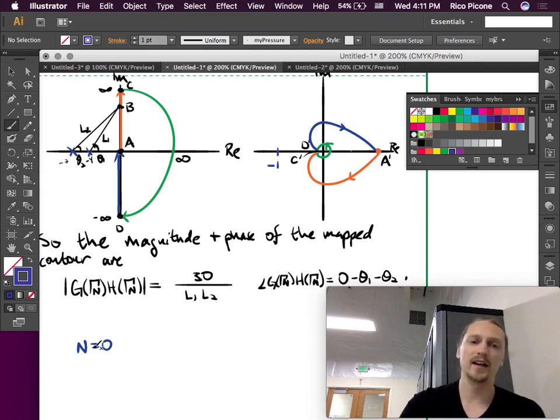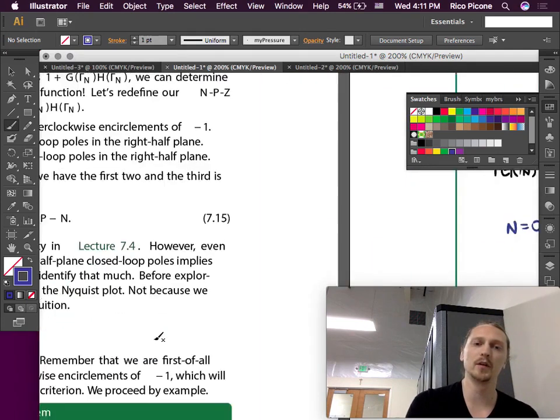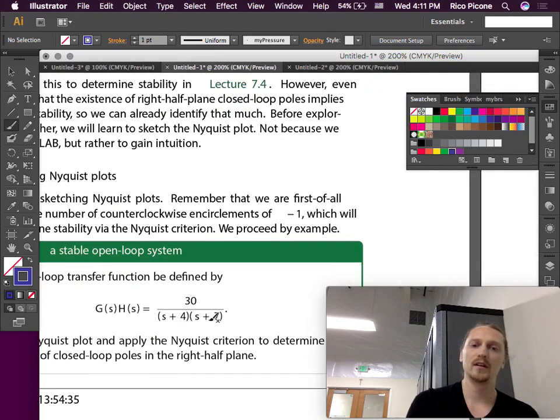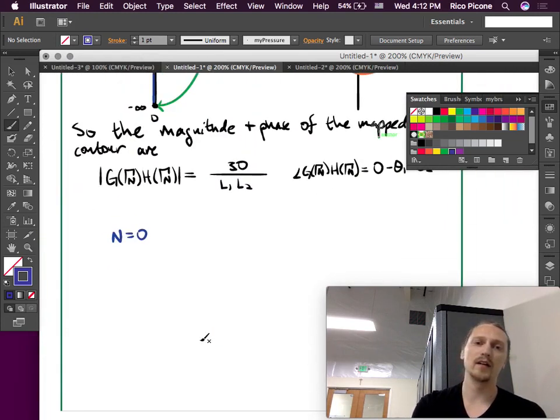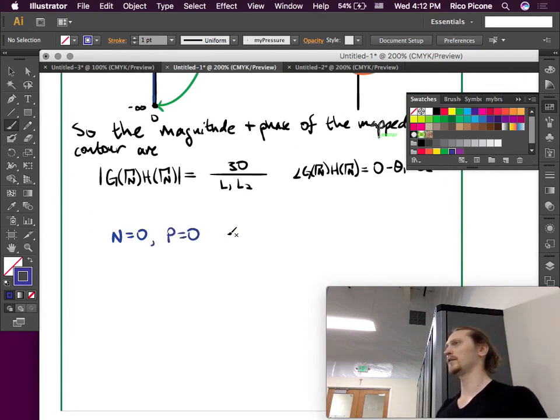Therefore, N is 0. And the open loop transfer function has no poles in the right half plane, right? They were just two real poles that were both negative. So that means that P is also 0.